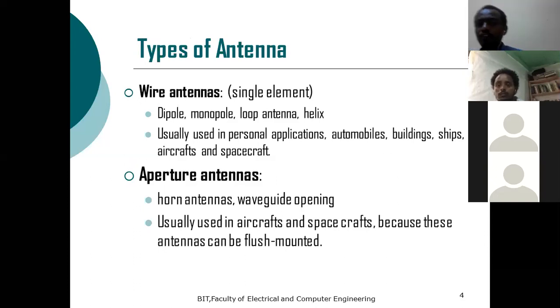Let's see the types of antenna. Basically, there are different types of antenna. The antenna type comes from the structure, how they are built, and antennas can be classified depending on different parameters that we will be discussing soon.